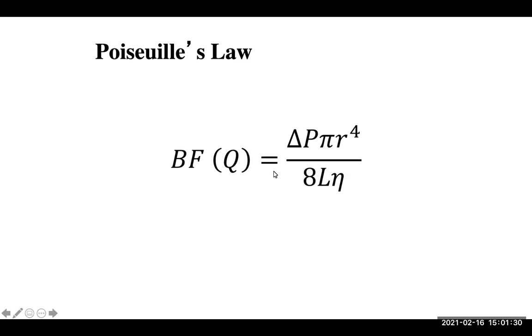Since length and viscosity are relatively constant, right? The length of your tubes should not change. The viscosity of your blood should not change significantly. Yes, you can thin your blood with certain medication and stuff like that, but in reality, in normal physiological environments, the length and the viscosity should stay the same.